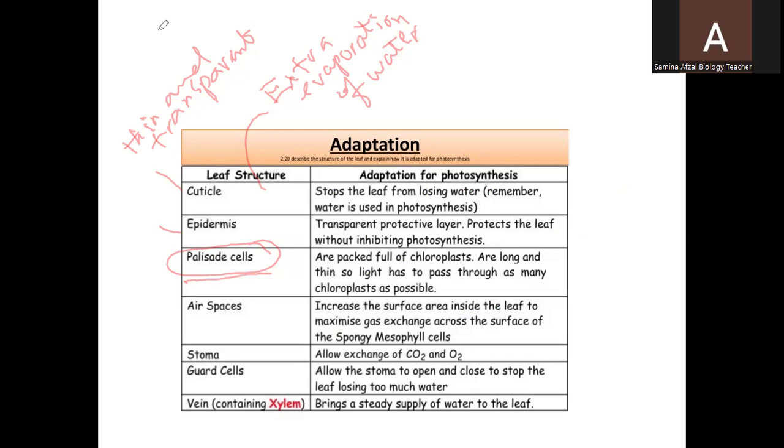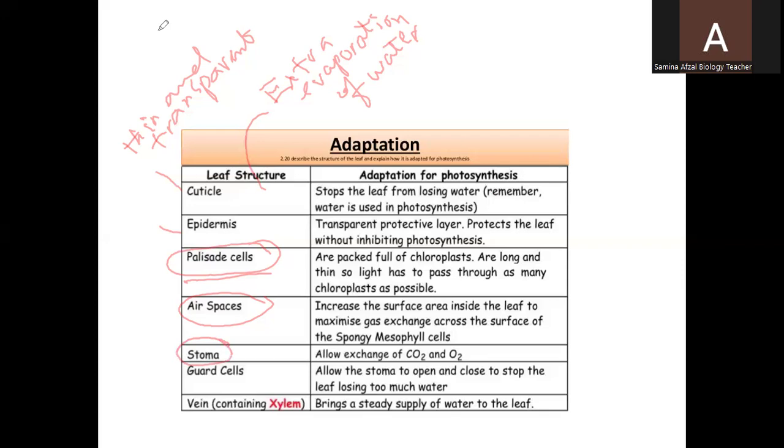So photosynthesis takes place in mesophyll tissues, and there are air spaces whose function is to maximize the exchange of gases by providing a large surface area, due to which maximum exchange of gases takes place. And the stoma is the pore through which the gases are exchanged.